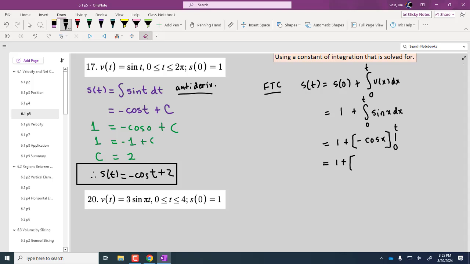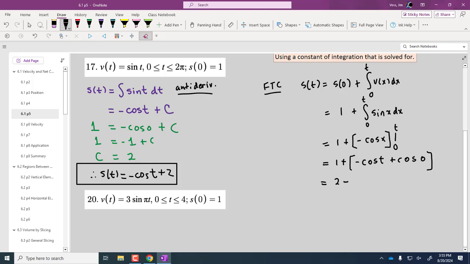This 1 is outside. So we just took the antiderivative of sine, got minus cosine. Now we plug in the t, so we get minus cosine of t. Minus a minus is plus cosine of 0. Cosine of 0, yeah, that's 1.